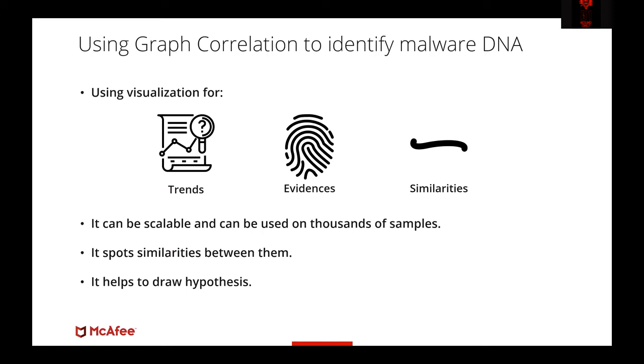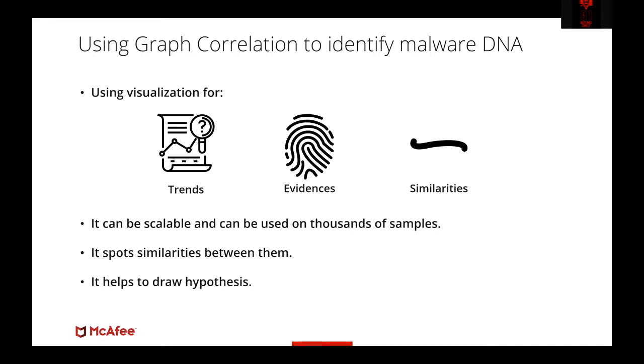So to solve that, what we tried to develop is a methodology around graph correlation, which aims to identify the malware DNA. The goal of graph correlation is basically to understand the trends between different samples or different campaigns. It will also help get you some evidence about shared functionalities, and help you directly spot similarities between different campaigns.